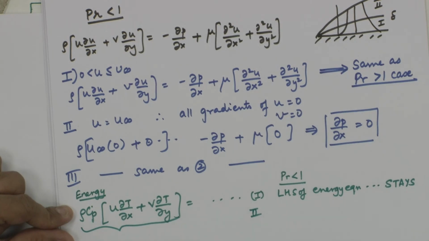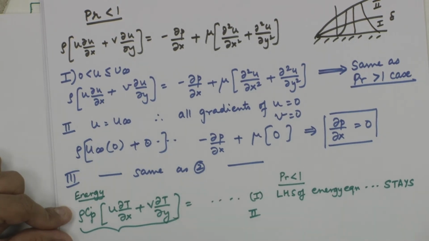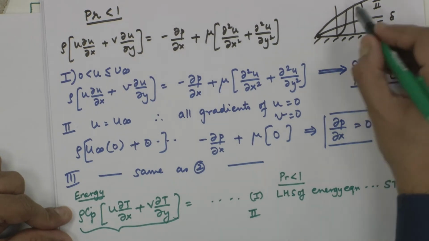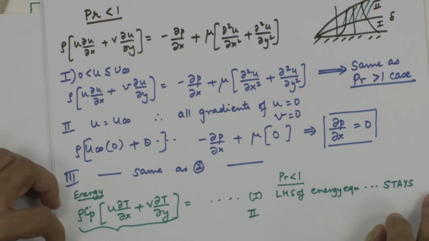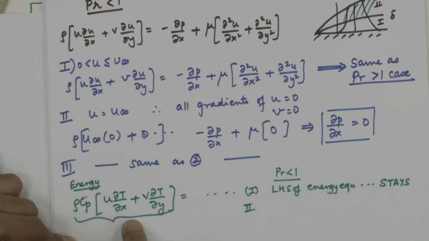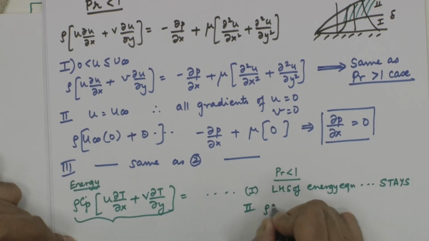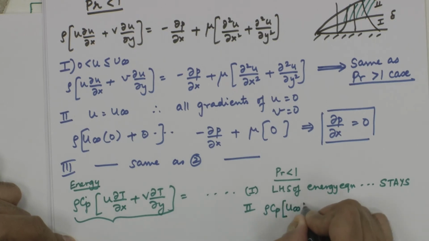Now, when I have Prandtl number less than 1, region 2, where I have velocity equal to u infinity but temperature varying, I have to solve this equation. What will I write? Rho Cp, instead of u, it will be a constant, dT by dx.